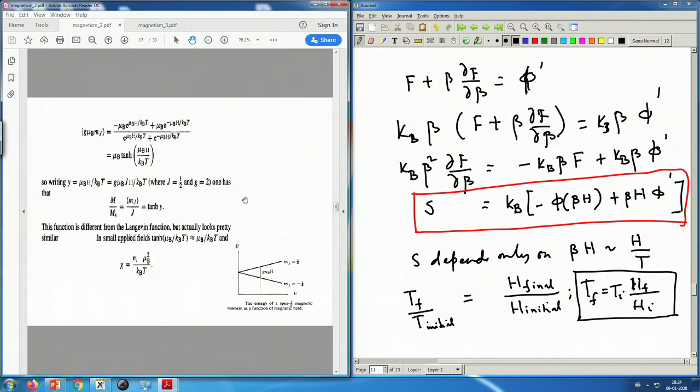Magnetic moments have to order, and magnetization becomes larger if you put more field.